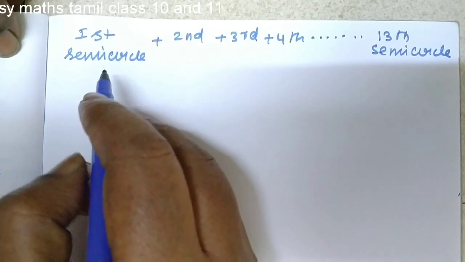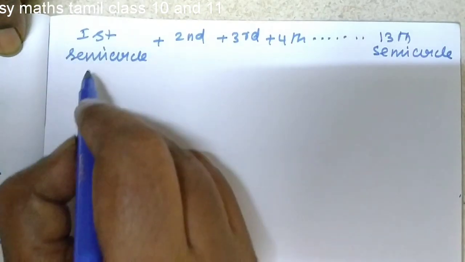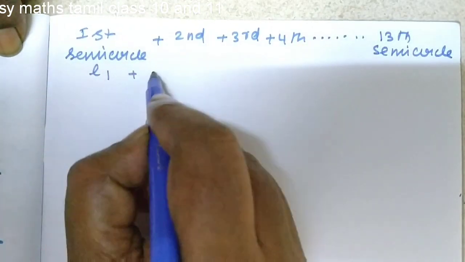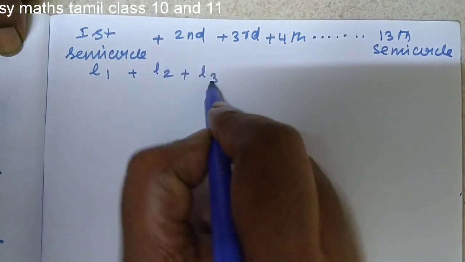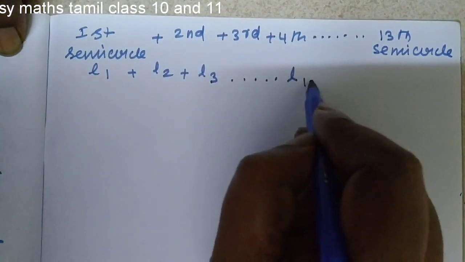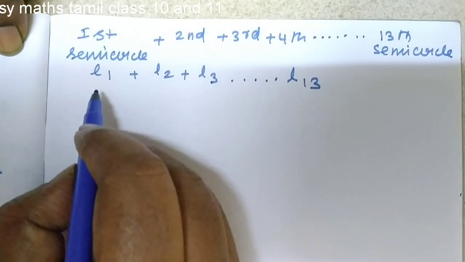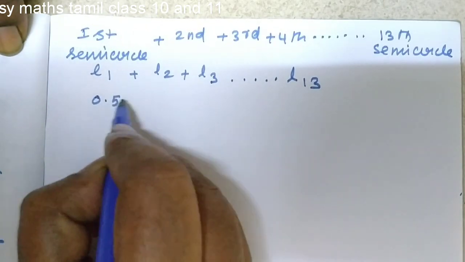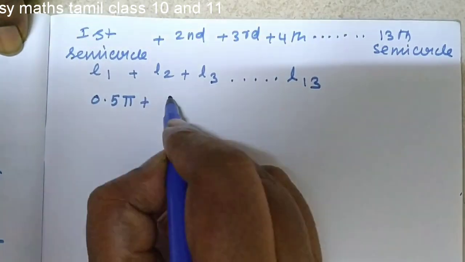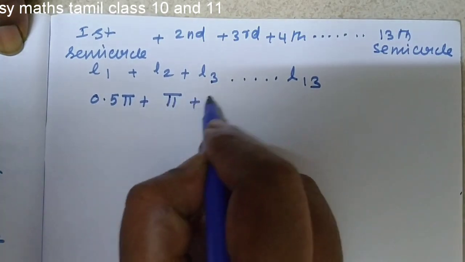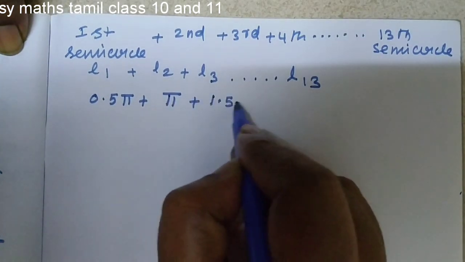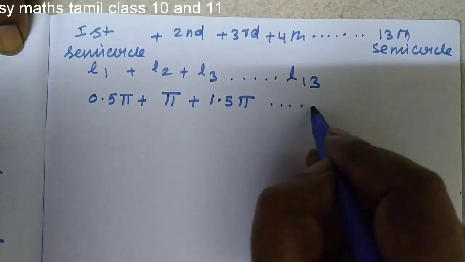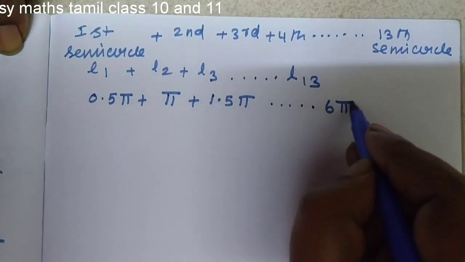The lengths L1 plus L2 plus L3 up to L13: L1 value is 0.5 pi, L2 value is pi, L3 value is 1.5 pi, up to 6 pi.